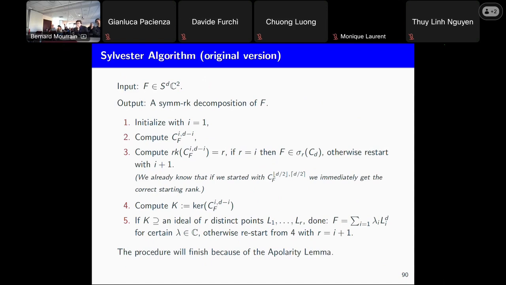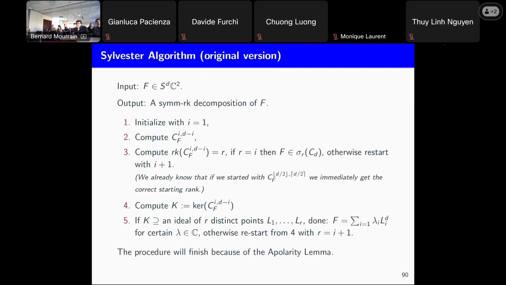If this has rank R, and R is equal to the i you started with, then you may say that your f is in sigma R. Otherwise, you start again with i plus 1. But we already know that you don't have to do all the steps starting from 1, 2 and so on. You go directly to the most square catalecticant, and then you immediately get the starting rank, and this is the border rank.